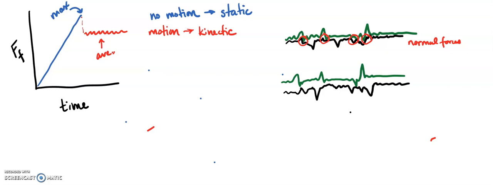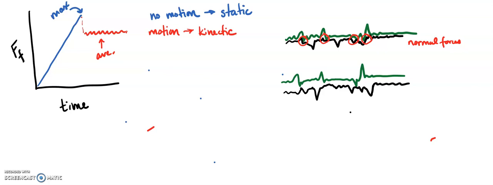Okay, but if you're skipping along an uneven surface, you're going to feel those vibrations, and that's why the frictional force is not a constant value when you are in motion. The kinetic frictional force is not going to be uniform, but it's going to kind of bounce around a certain region. And so that average of those bouncing, that's what we kind of use for our kinetic friction values.